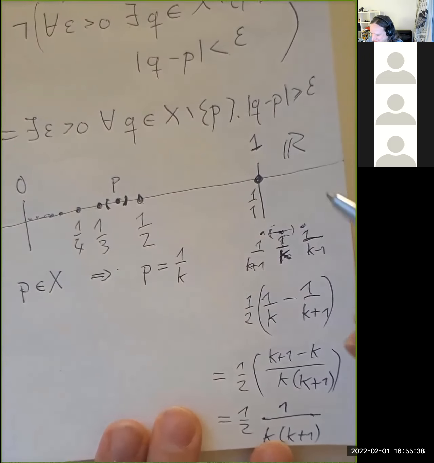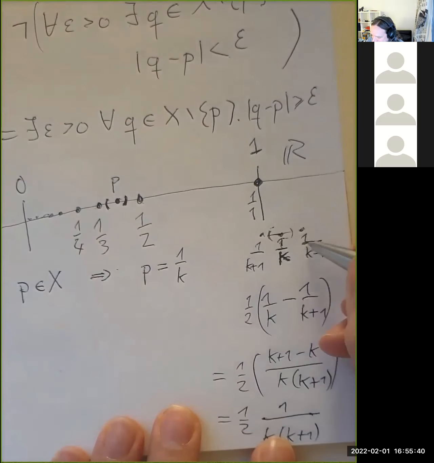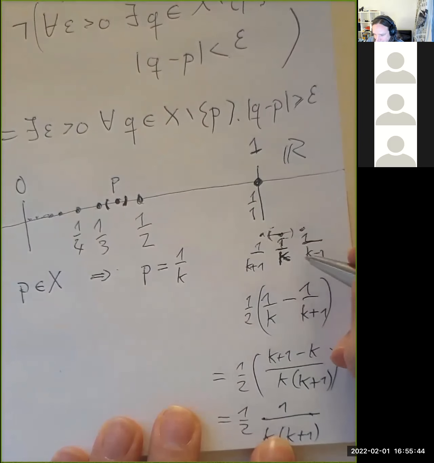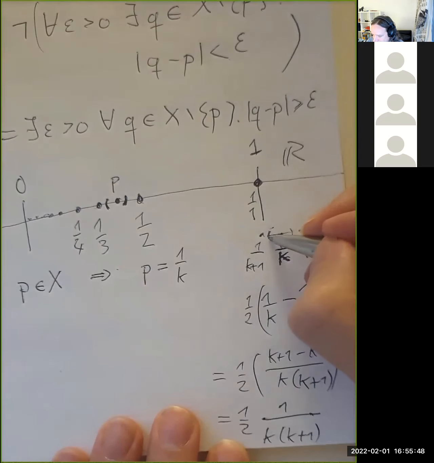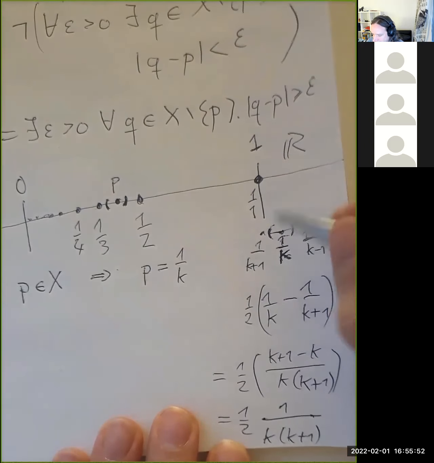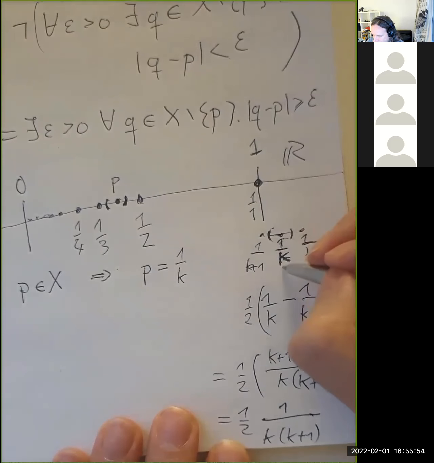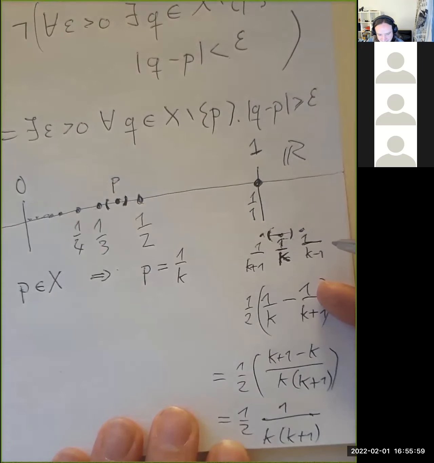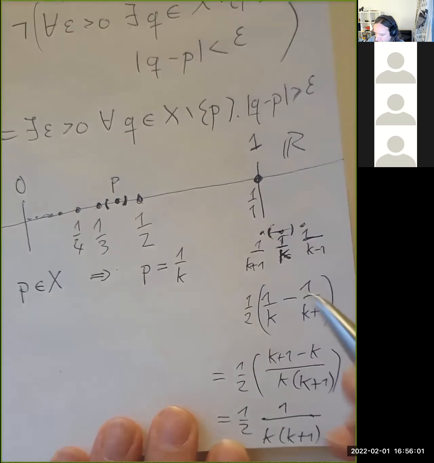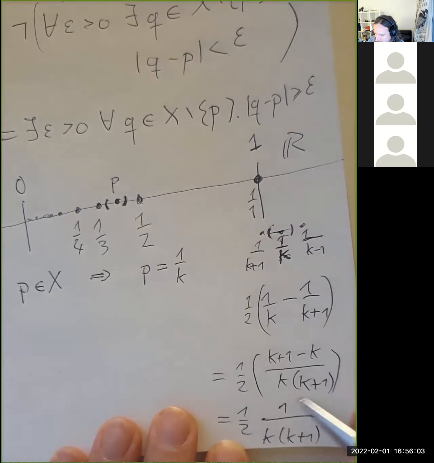that's not very helpful, but we just realized if we had taken this number, then we would get a bigger difference. So instead of calculating our epsilon, we could first pretend to calculate the difference of 1 over k to any other number in X. And what we find out is this is the smallest such difference.